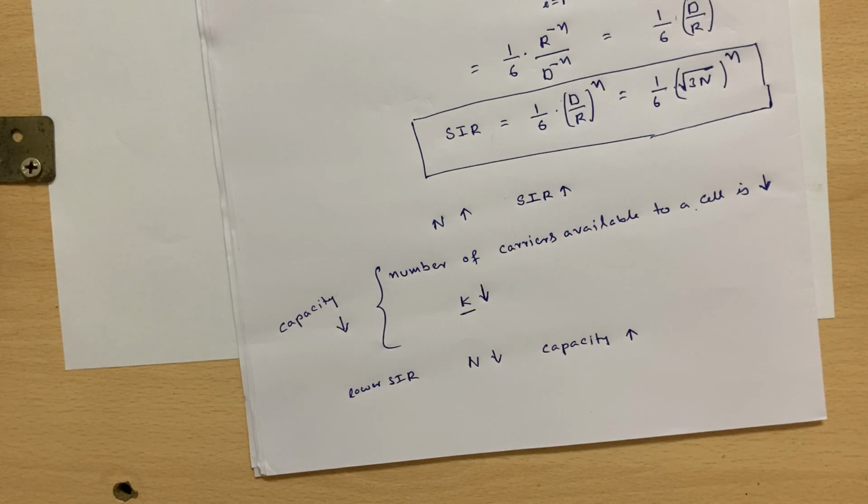If you want a higher capacity, you have to compromise with SIR, meaning you will get a lower SIR, then you can serve more users. But if you want a higher SIR, you can only serve a few users in the service area.